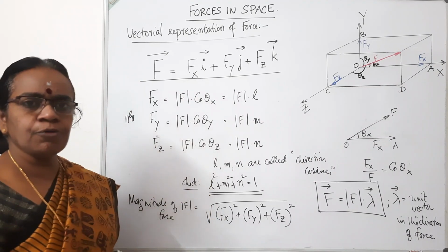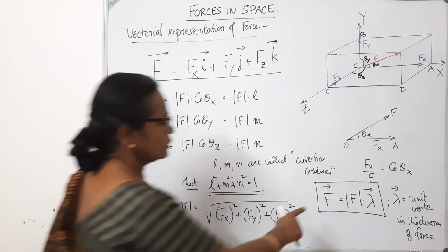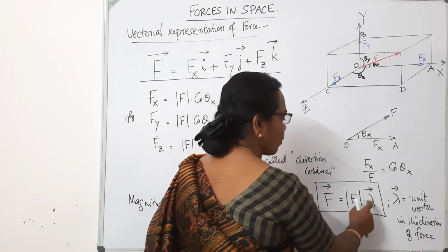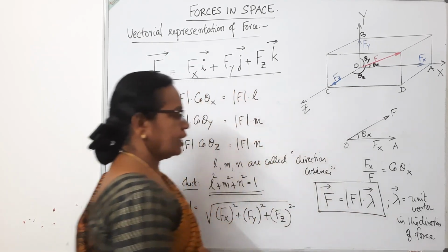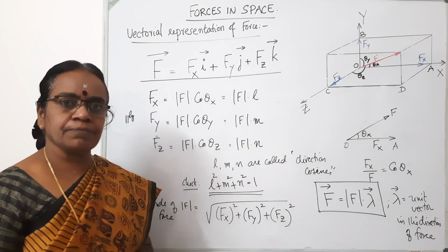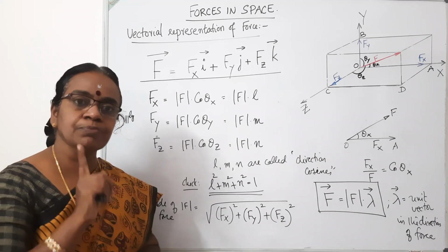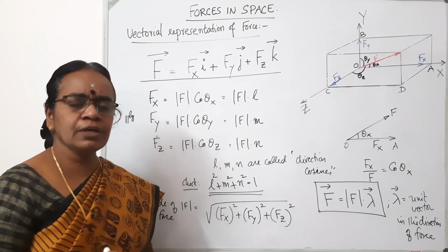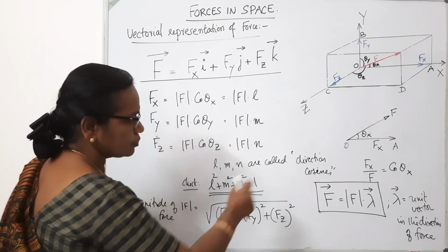And generally, if you want to represent a vector F, it is given by F equals magnitude of F times the vector lambda, and that lambda vector is called the unit vector. A unit vector is a vector whose magnitude is 1, but it is in the direction of the applied force. Now let us see what is a unit vector.